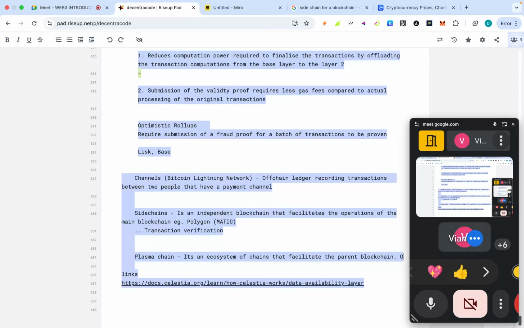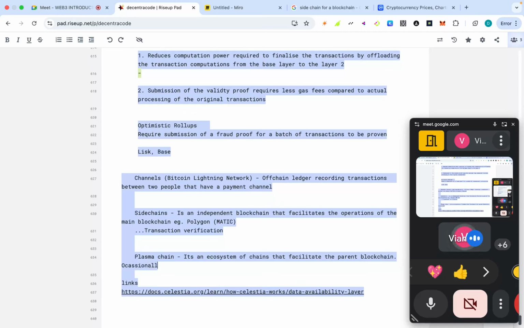Occasionally, maybe according to the algorithms with which they operate, they finalize their computations on the parent blockchain.